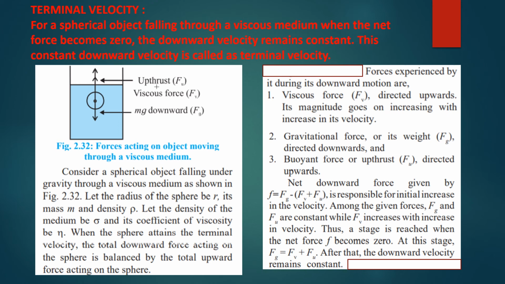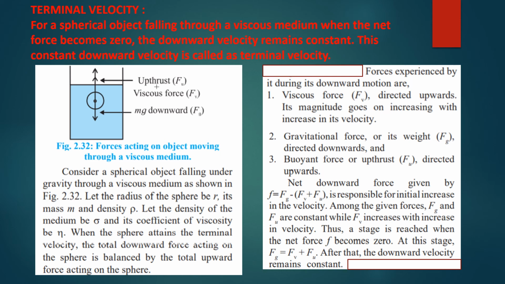Initially, the forces Fg and Fu are constant while Fv increases as the velocity of the sphere is increasing continuously. But a stage will be reached when the net force becomes zero, that is the net upward force is equal to net downward force, and hence the velocity of the sphere will become constant.